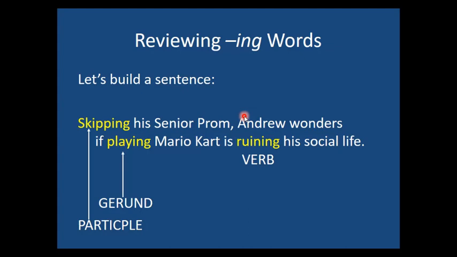The participle is modifying or describing Andrew. He's skipping. And I know it's confusing because Andrew's doing all those actions. He's ruining, he's playing, he's skipping. But you got to look at it structurally. Is with the verb ruining. Playing is the subject of is ruining, so he's a gerund. And skipping is in a position where it's an adjective describing Andrew. And that makes him a participle.